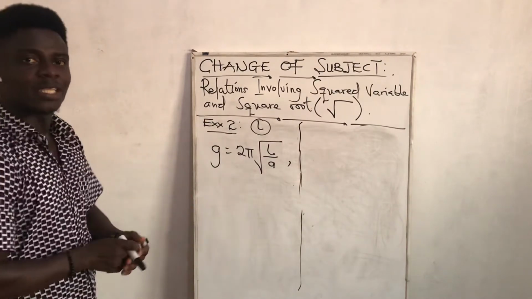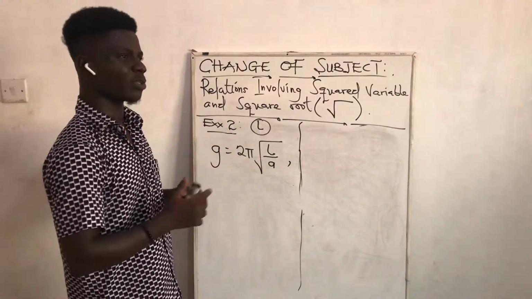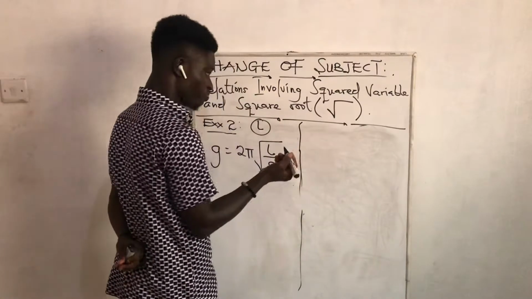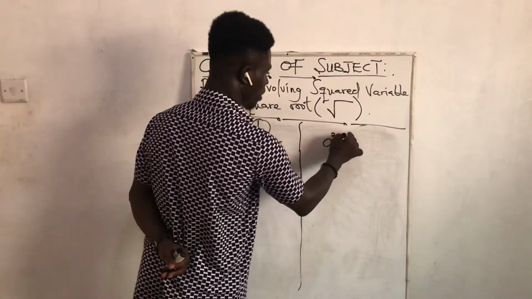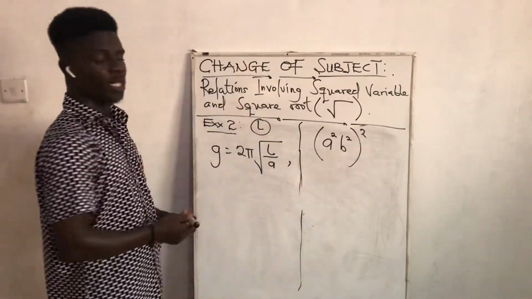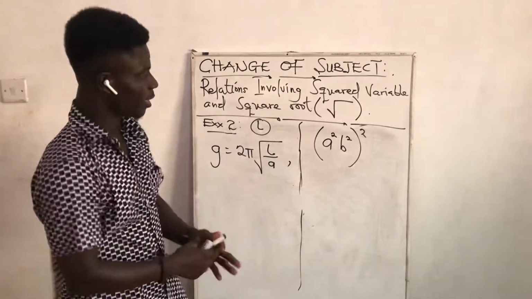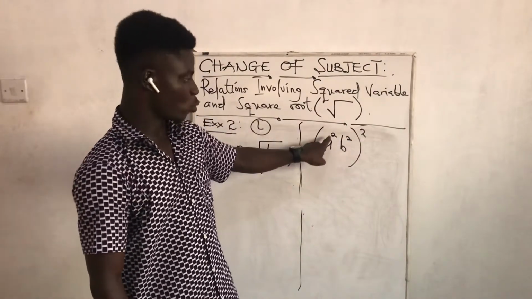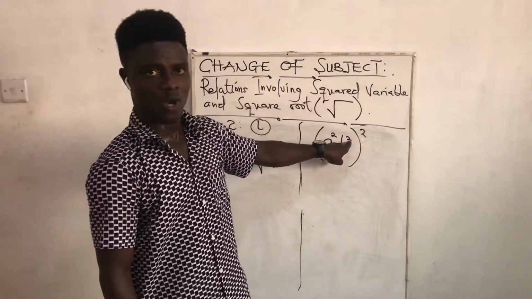Alright. Now let's recall ourselves back to algebraic expressions, or indices. If we have a squared, b squared, all squared, the square here is affecting a squared and also affecting b squared.